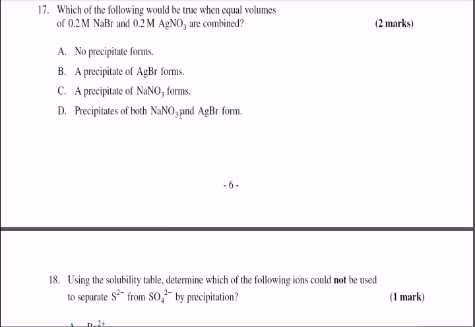So let's go back to our question. We have here NaBr, that's going to be aqueous, plus AgNO3, which is also going to be aqueous, and that's going to make AgBr, and I'm going to write this one in blue.